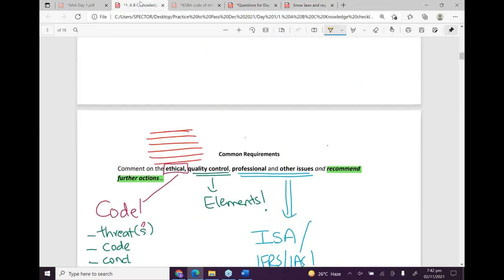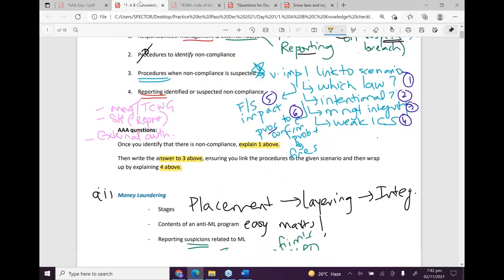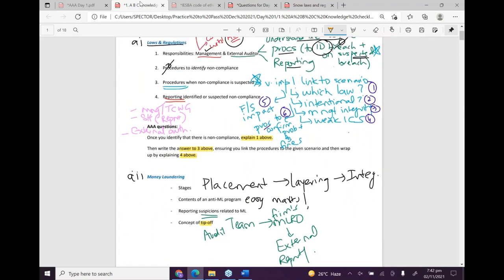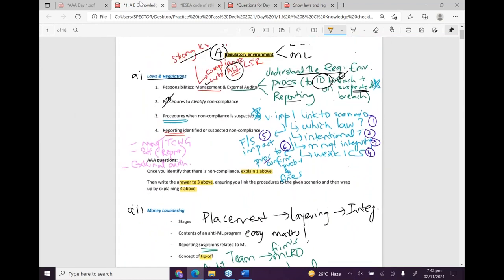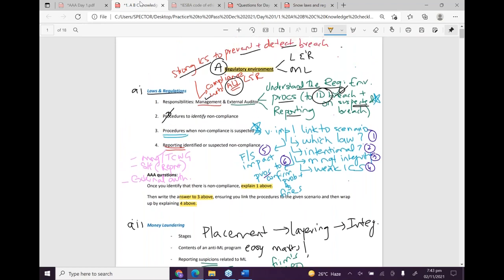So this is what we did earlier, and this is what I said you should be writing when you identify non-compliance. So there you go. Just a quick reminder, think of the financial statement impact, think of the reporting that needs to be done, and come up with the answer, please.